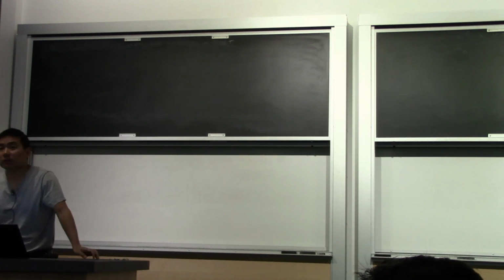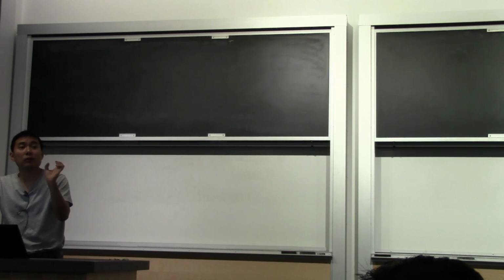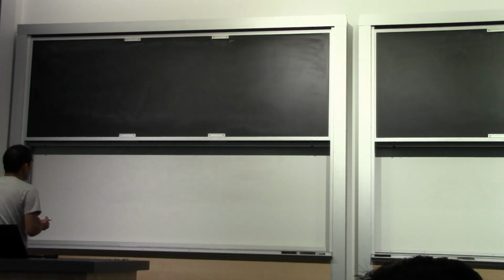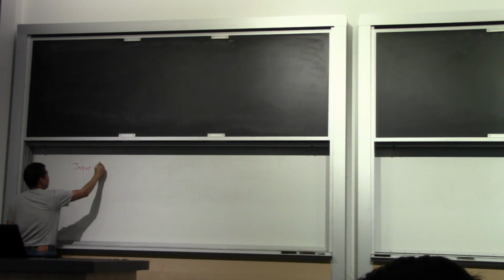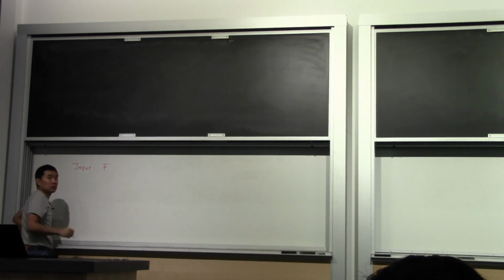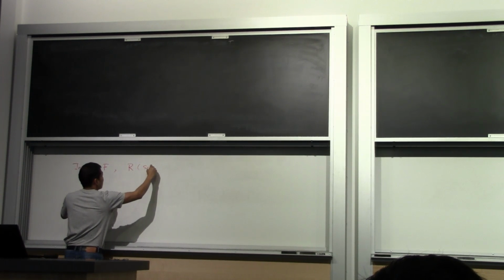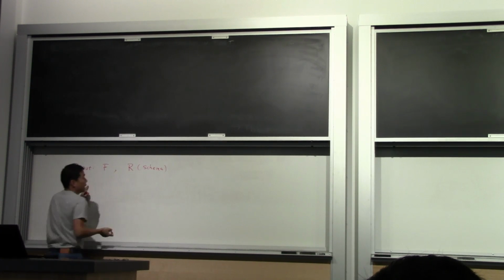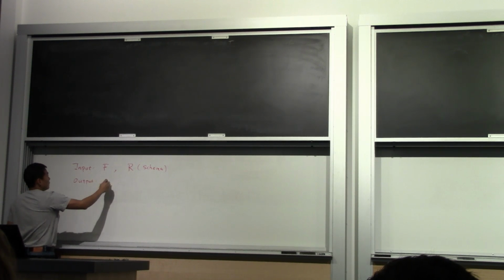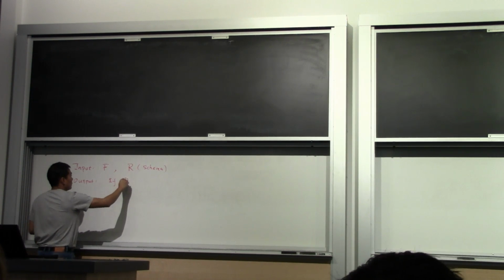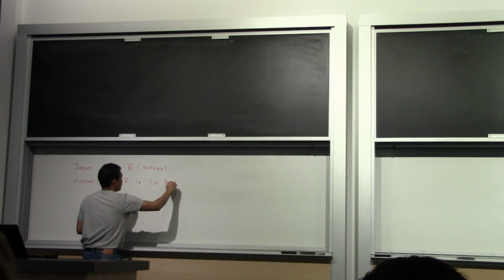For any functional dependency in the closure of F with respect to a schema. So what is your input? Your input is a set of functional dependencies F and a schema R. And your output is whether R is in third normal form or not, right?